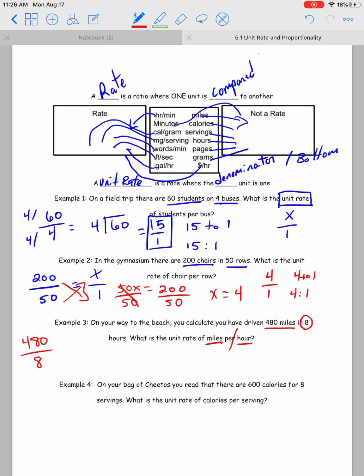Or if it's hard to see that, you can write it like we did up here in example number 2 and cross multiply and divide. So 8 goes into 8 one time, and then 8 goes into 480 60 times. You drove 60 miles per 1 hour.